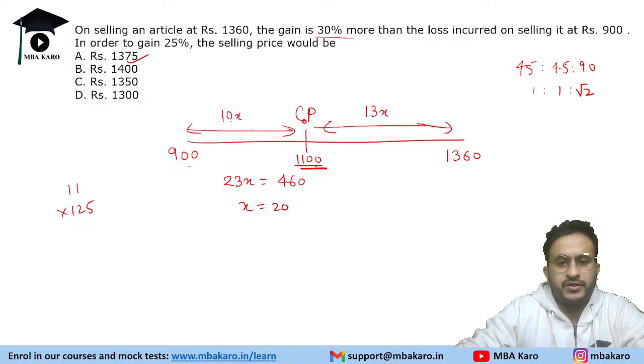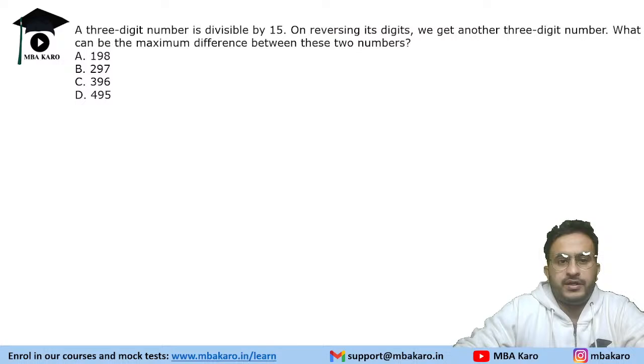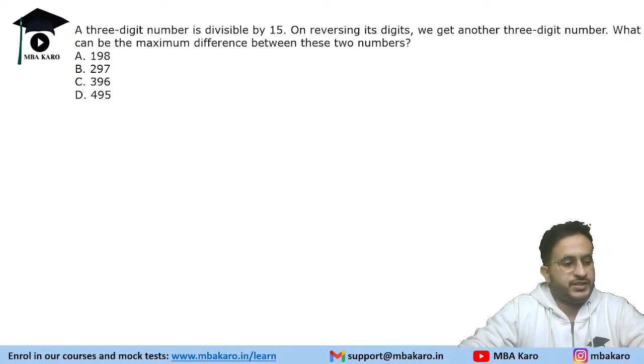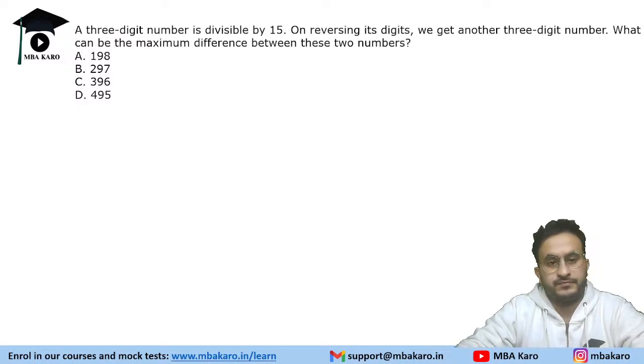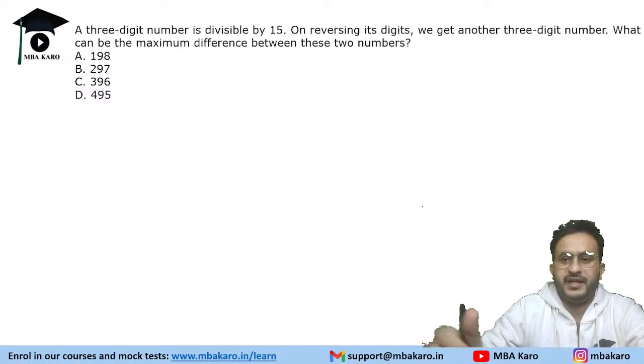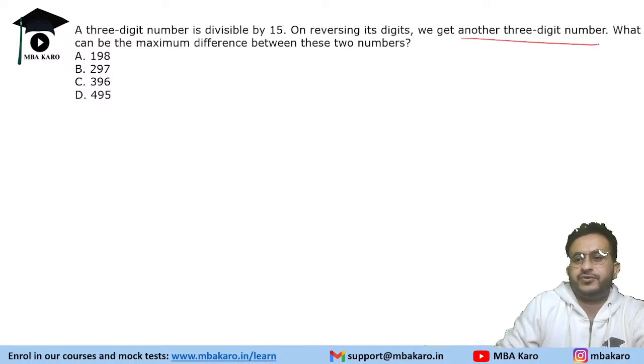Okay, basic question on profit and loss. A three-digit number is divisible by 15. On reversing its digits, we get another three-digit number. What can be the maximum difference between these two numbers? Don't take the last digit as 0.